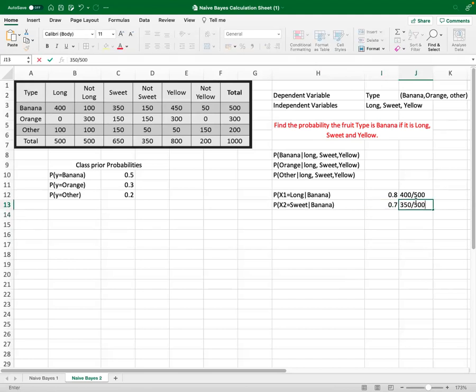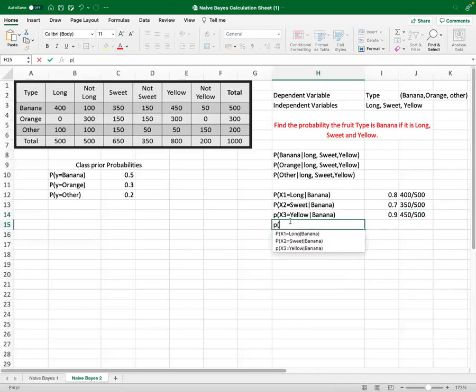The probability of x3 is equal to yellow, given it is banana. So how many bananas are yellow? 450. 450 divided by total number of bananas, 500.